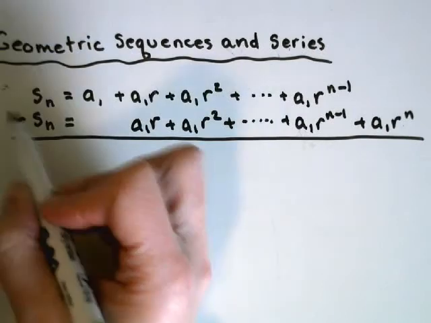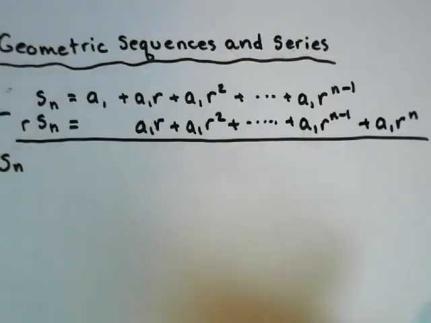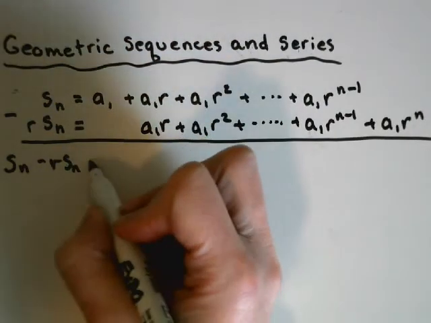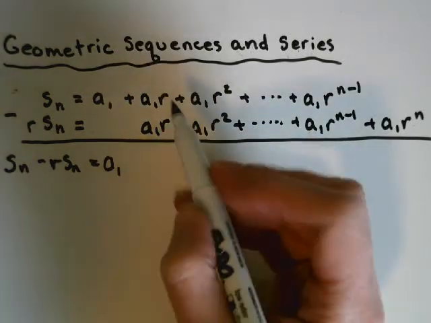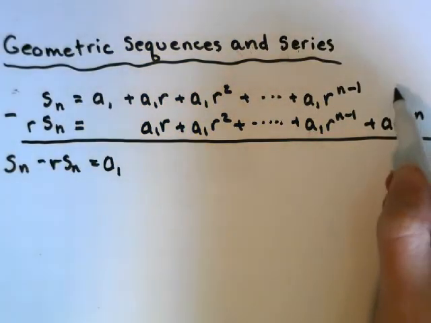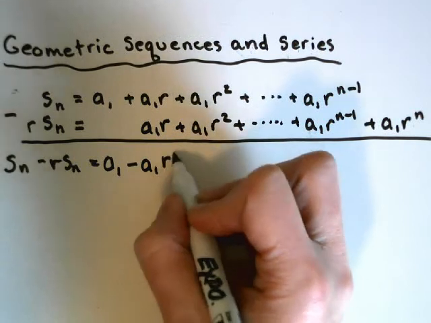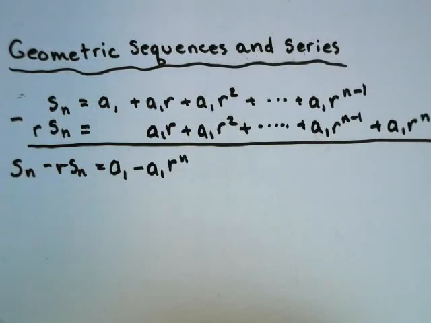Okay, and then if I multiply this one by one more r, we're going to have a1 r to the n. For this one, we are going to subtract. So I'm going to have S_n minus r S_n is equal to a1 minus a1 r to the n. This minus this goes away, this minus this goes away, all the way down to 0 minus that. Okay, so now I want a formula for just S_n.